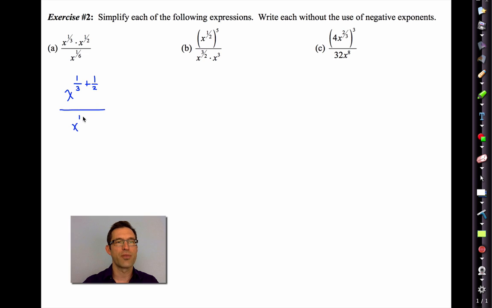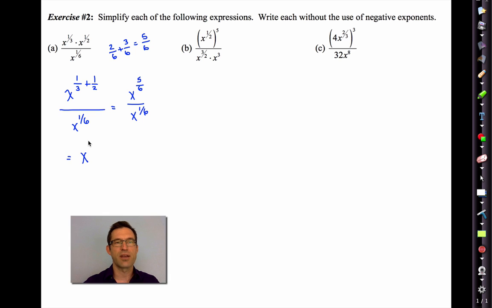We won't worry about the one in the denominator at this point. So maybe on the side of your paper, you have to add 1/3 to 1/2, and we'll get 5/6. So we'll get x to the 5/6 divided by x to the 1/6.